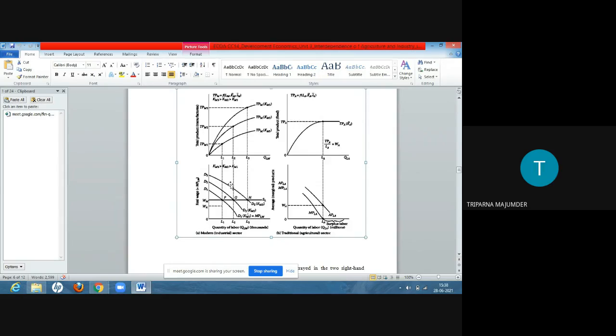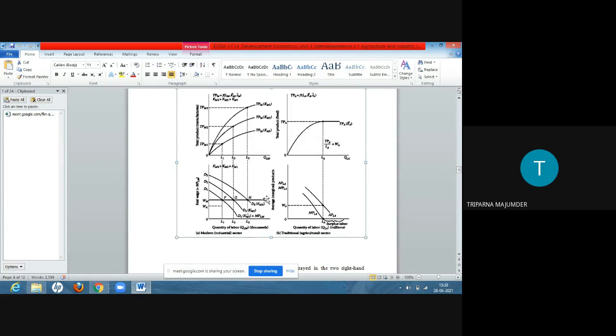Now, how does this system work? WA is the average level of real subsistence income in the traditional rural sector, and WM the real wage in the modern capitalist sector. At this wage, the supply of labor is supposed to be absolutely elastic, that is perfectly elastic, and it is shown by the horizontal line WMSL.